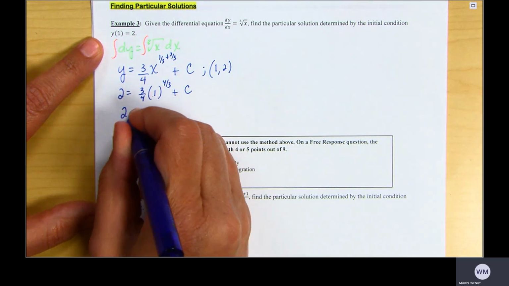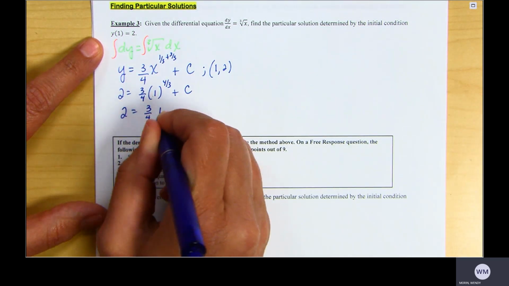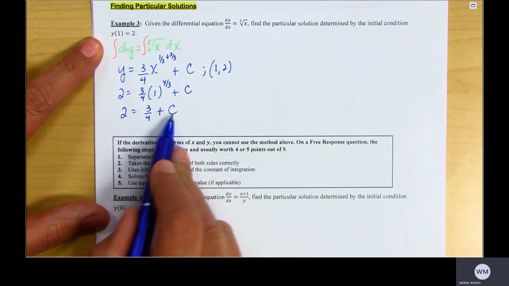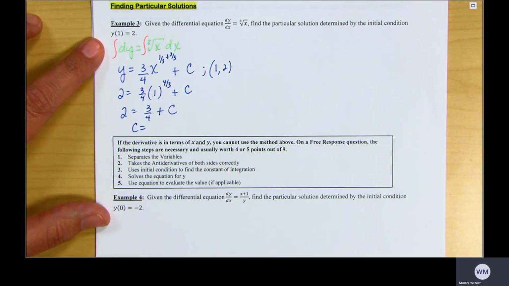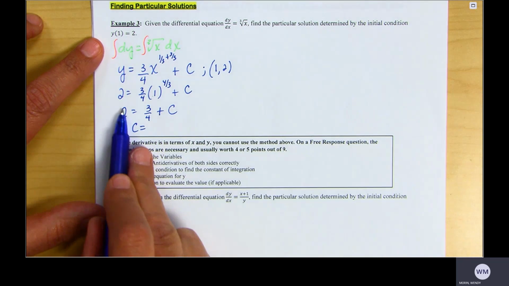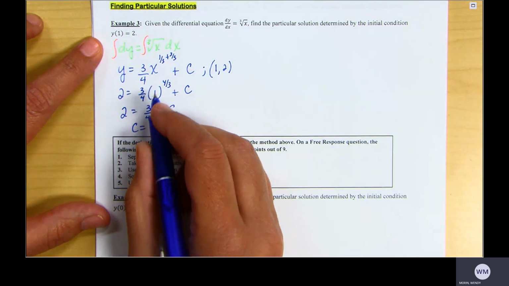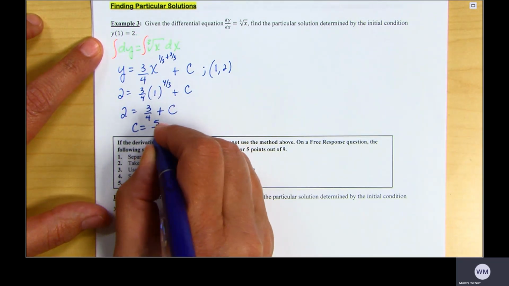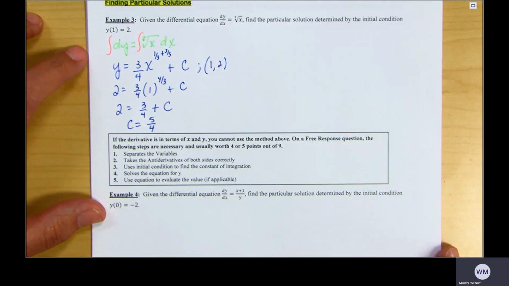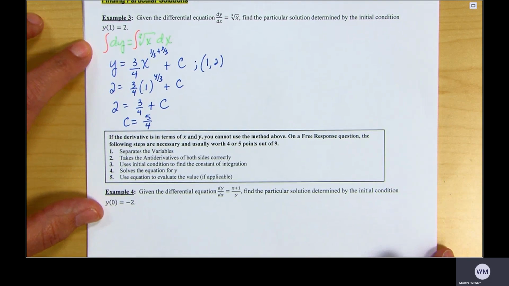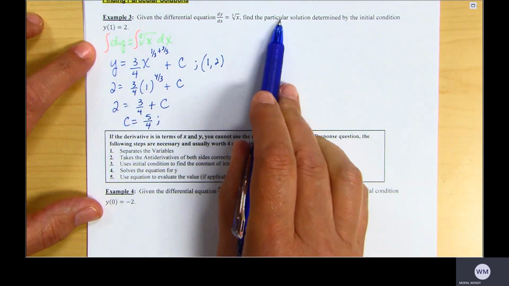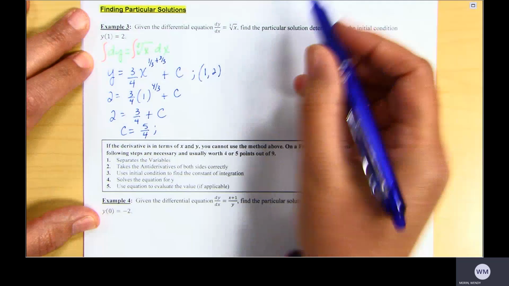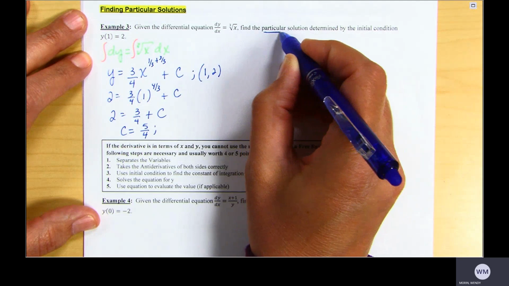So 2 equals 3/4 plus c. So what does c equal? Well, this is 8/4 minus 3/4. So c is 5/4. Now a lot of people stop there because you're like, oh, I solved. No, you solved for c. They want you to find the particular solution. So again, you need to understand what this means.